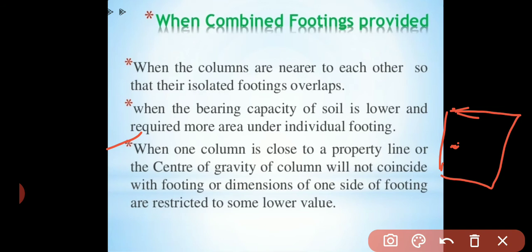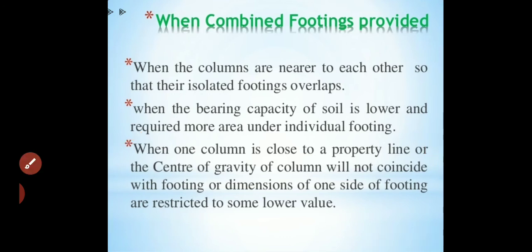If you provide a footing for this column, it is going beyond the plot boundary, so this portion of the footing is outside the plot boundary. In that case, we combine the footing of this column with the column inside, and make a combined footing to compensate for the outside area of the footing. So this is the third case.